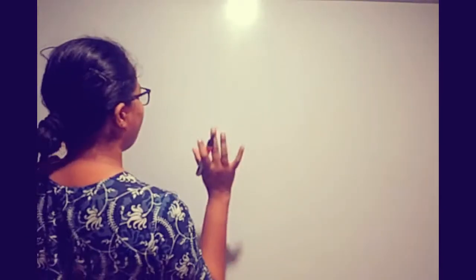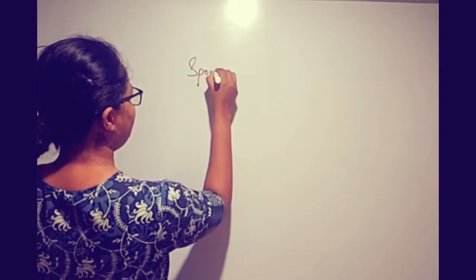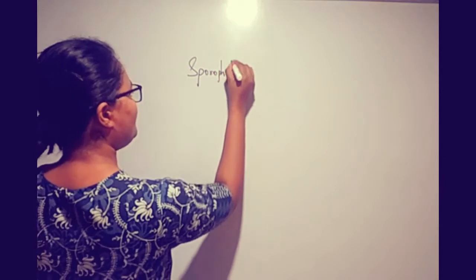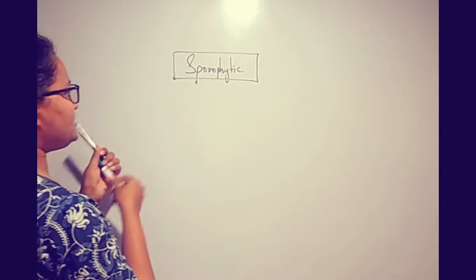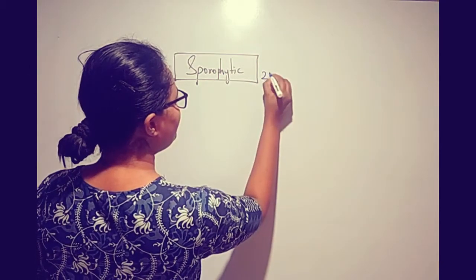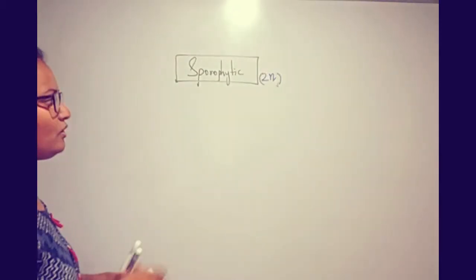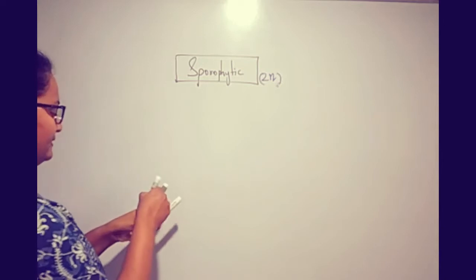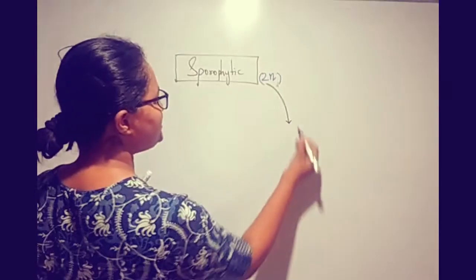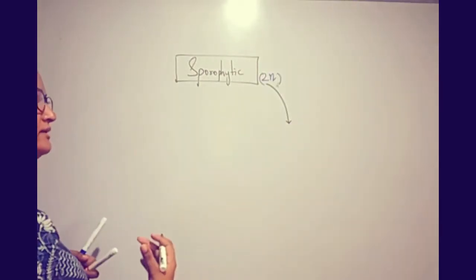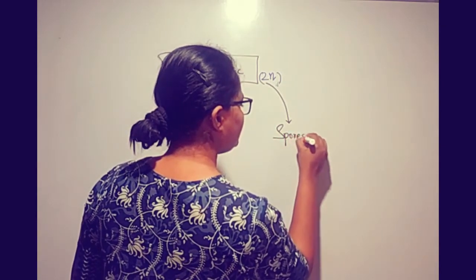As I said, in a plant the cycle starts always with the sporophyte, or sporophytic generation, and we know this sporophytic generation is always diploid. The function of sporophytes is to produce spores.